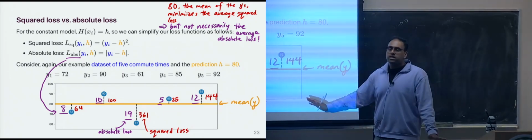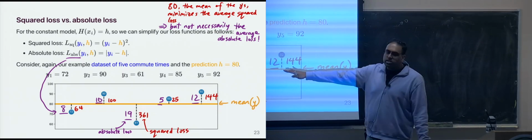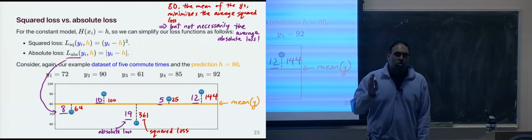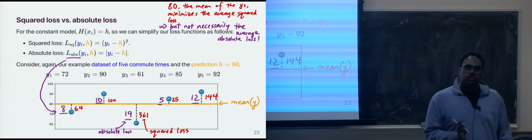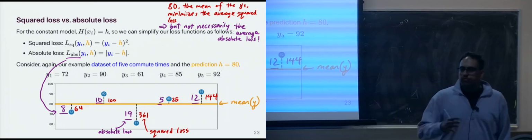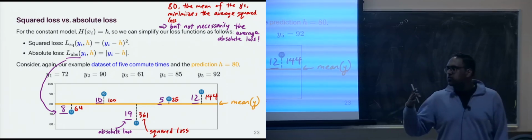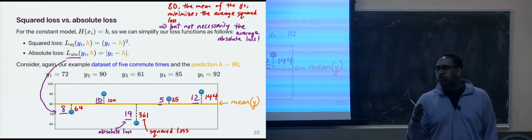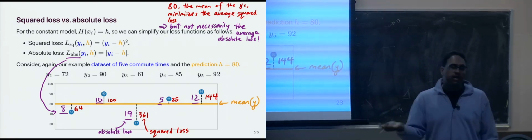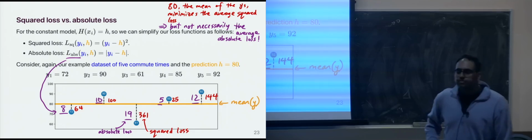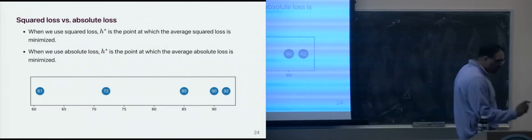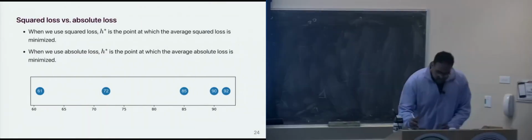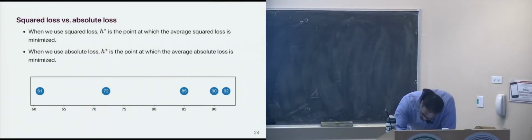But my point is that 80 is the optimal prediction for squared loss because it has the smallest average squared loss. But if what we think is a good prediction is one with small average absolute loss, well then 80 may or may not be the best prediction. Okay? And so to illustrate that point further, I want to draw a number line. And this is going to get a little messy, but bear with me.